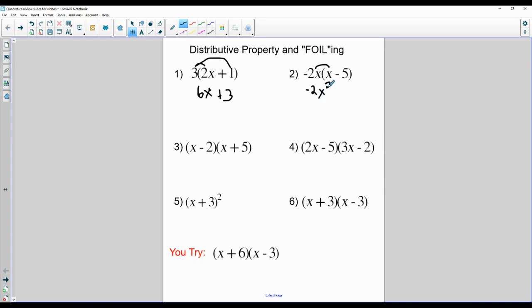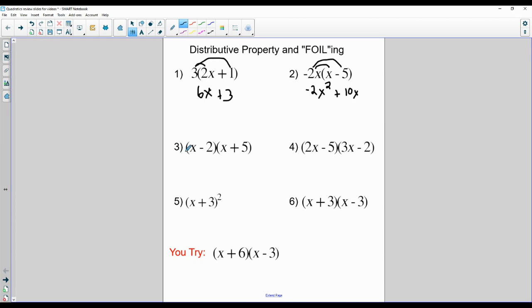Again, you multiply coefficients together, and then you multiply the variables together. When you multiply variables, you add the exponents. And then we do negative 2 times negative 5, and that is positive 10x. All right, and so that is our product there. That's called the distributive property.